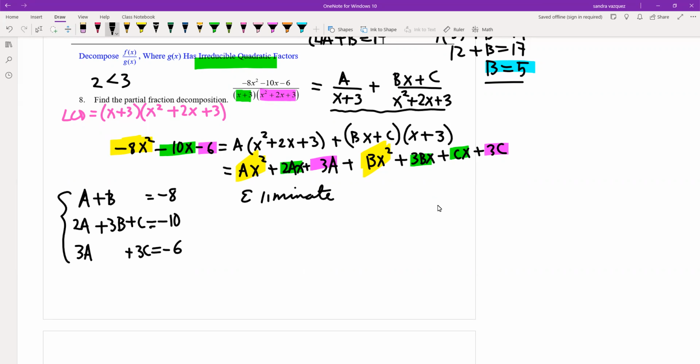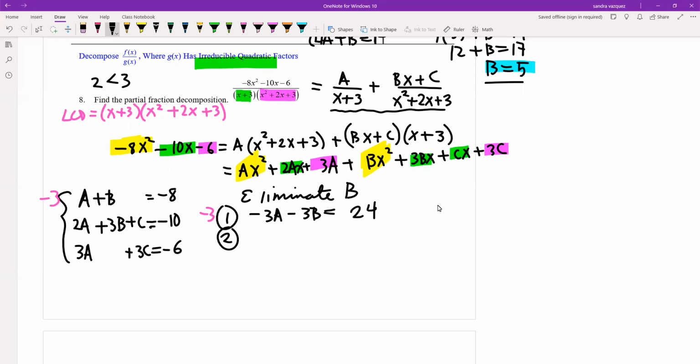We're going to eliminate the B. I'm going to do 1 and 2. So I'm going to multiply the 1 by negative 3. So then that's going to be negative 3a, negative 3b, equal to 24.